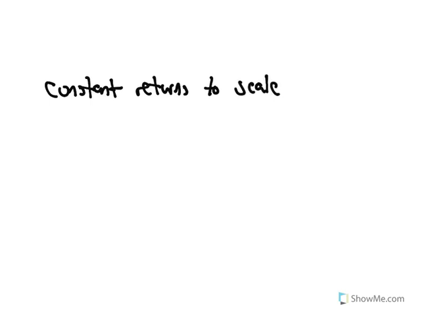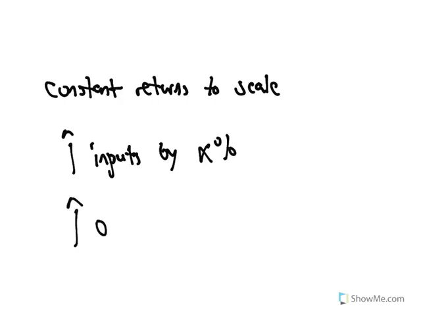Now, if you're not quite as productive, or you've been in business long enough, you've scaled up enough, you get to what's called constant returns to scale. And this actually has two different meanings. We're going to get to the other meaning in a minute. But for now, it means that if I increase my inputs by X percent, then I'm going to increase my output by X percent, right?